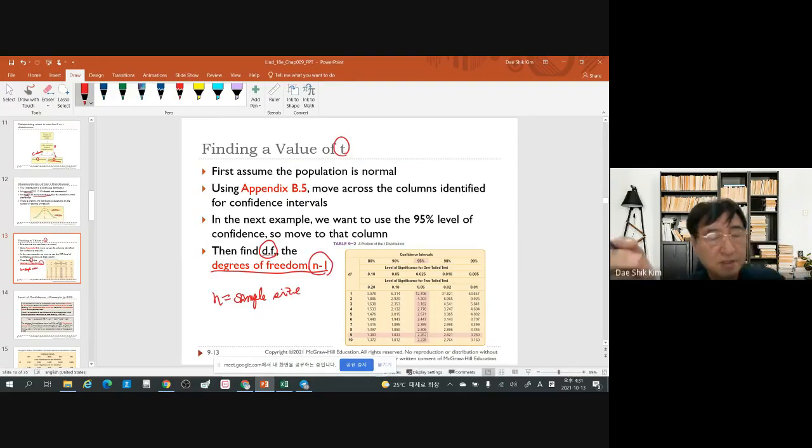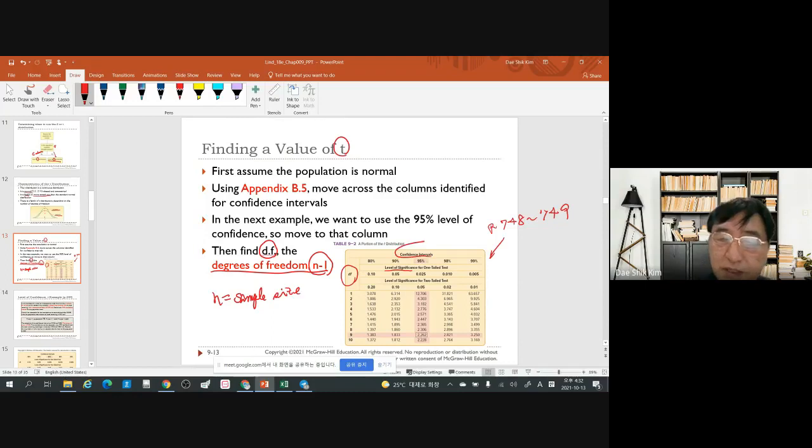In our textbook, the t distribution is located in Appendix B, pages 748 and 749. It has degrees of freedom and confidence level.